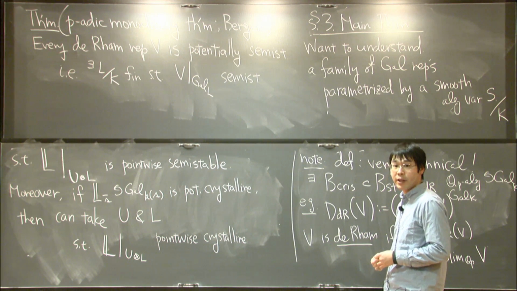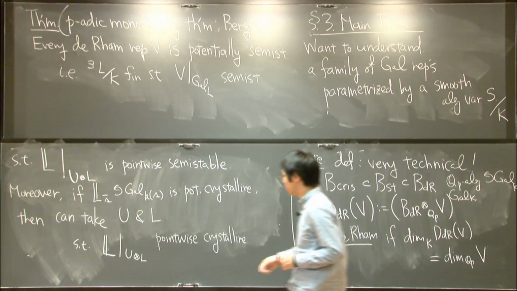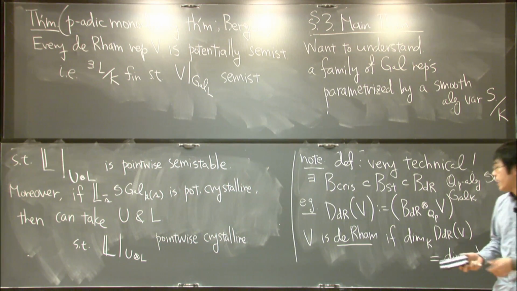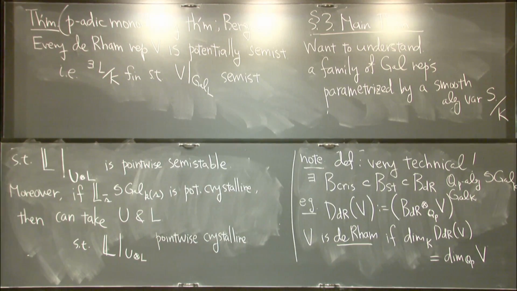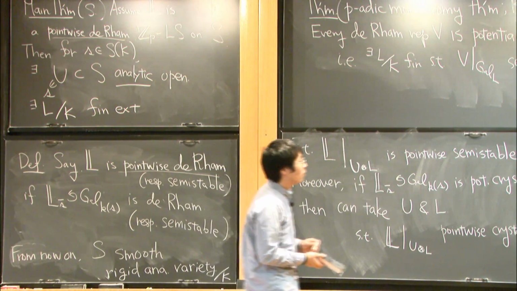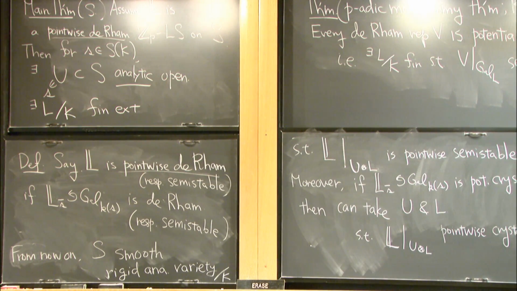First of all, is the statement clear? L is finite over K. Yes, this is the finite extension. I have a question. You defined the pointwise notion. Is there any notion of de Rham local system? So I'll go to that topic, but based on the work of Scholze, he defined a notion of de Rham local systems.